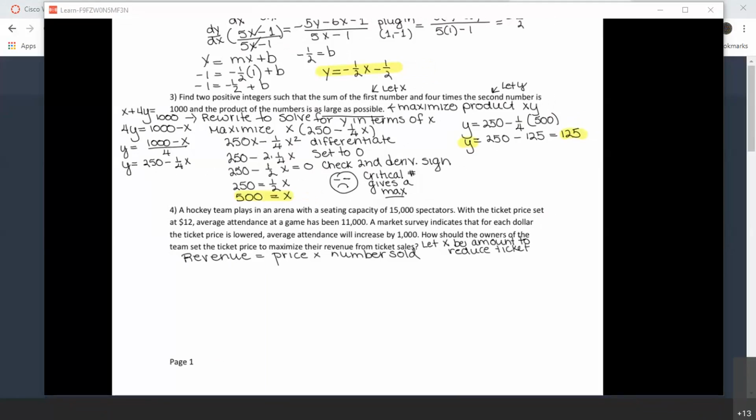So this isn't going to tell me the ticket price should be $10.50. It's going to say you should take $1.50 off the price of $12.